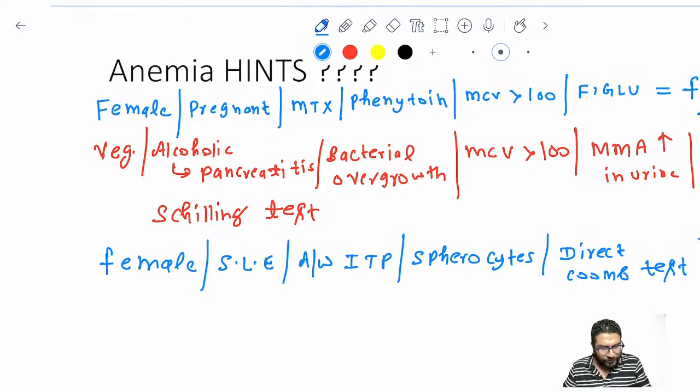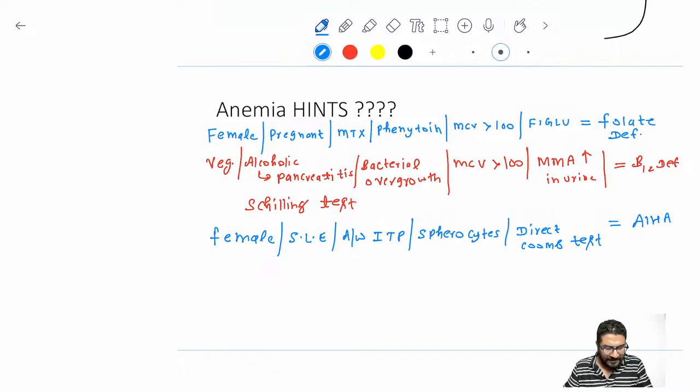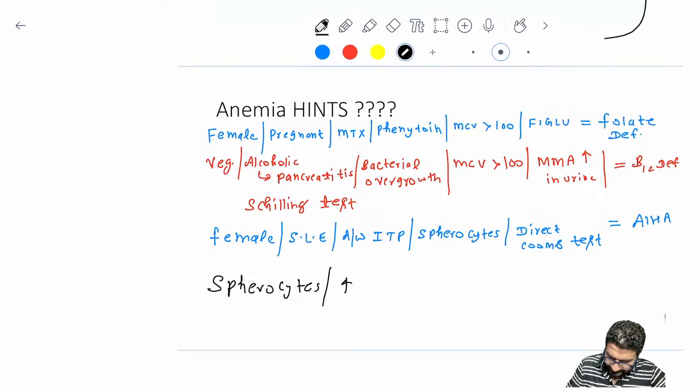Spherocytes are also seen where? They are also seen in hereditary spherocytosis. Now let's talk about that. Suppose they will give you in the MCQ any age group, a genetic disorder, in which they give you spherocytes. Then you can notice an increase in the value of MCHC.